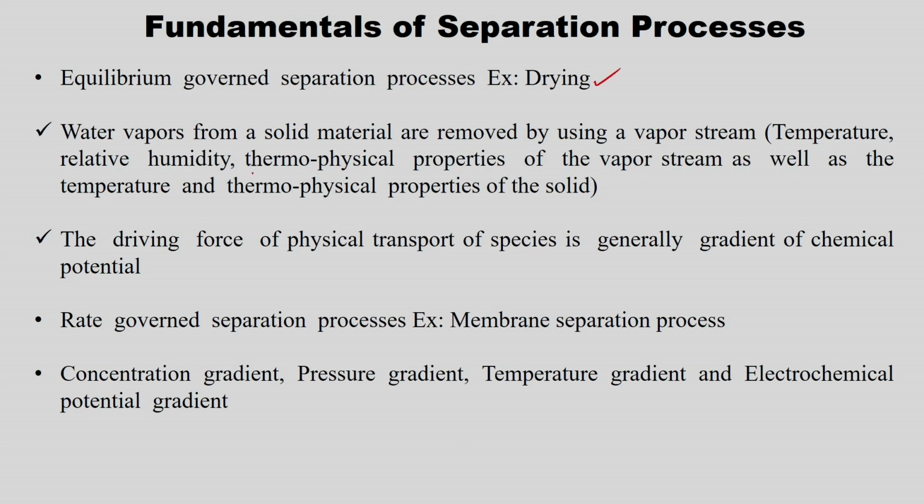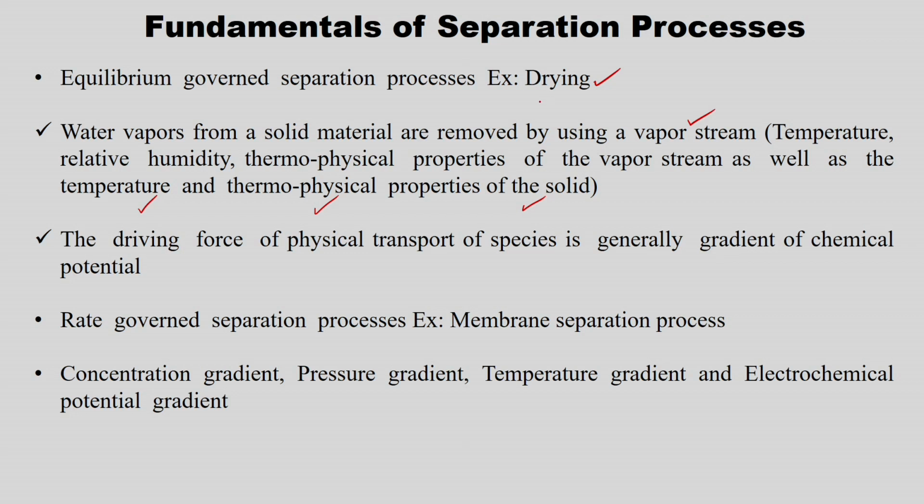The water vapors from a solid material are removed using a vapor stream. Here, for the vapor stream, the important parameters are temperature, relative humidity and thermophysical properties of the vapor stream, as well as the temperature and physical properties of the solid when we are doing the drying.